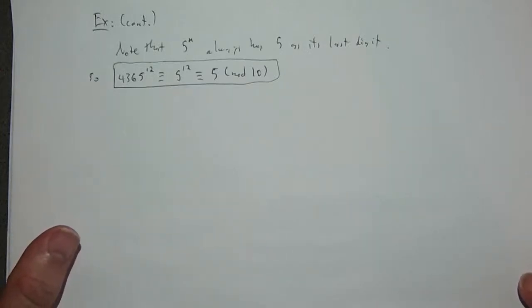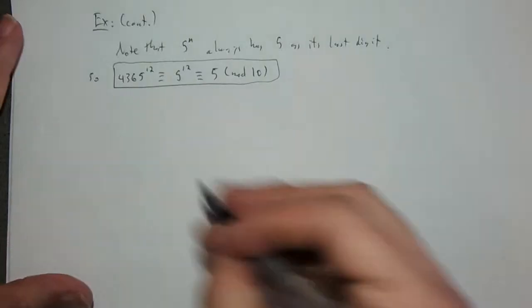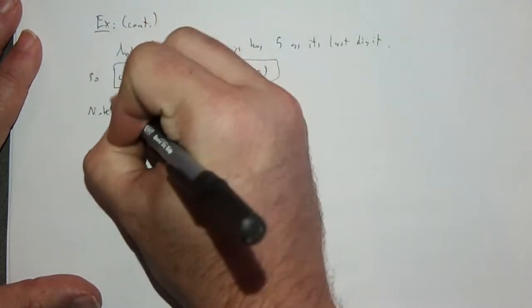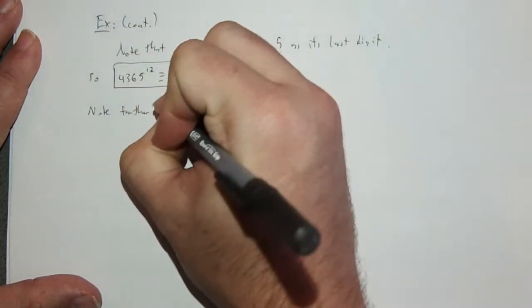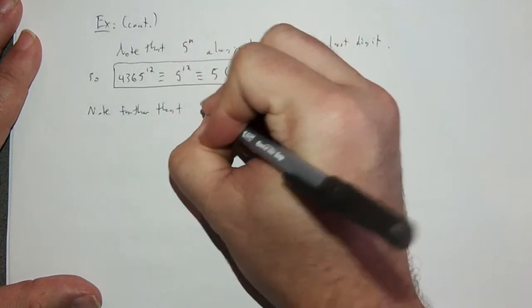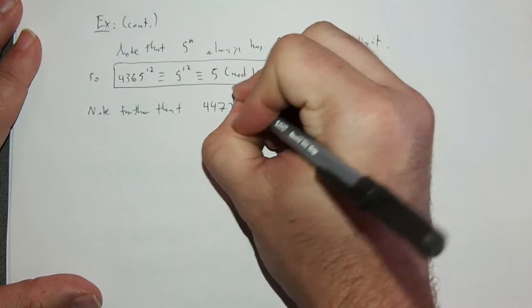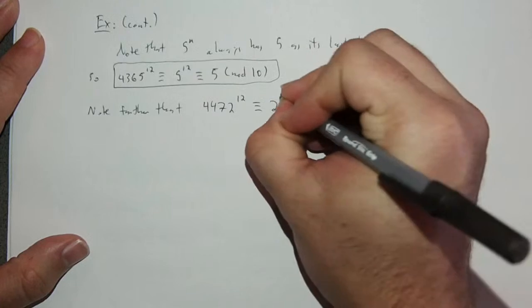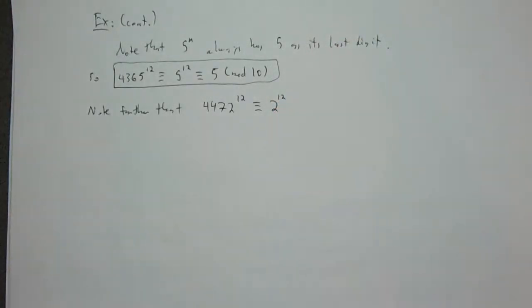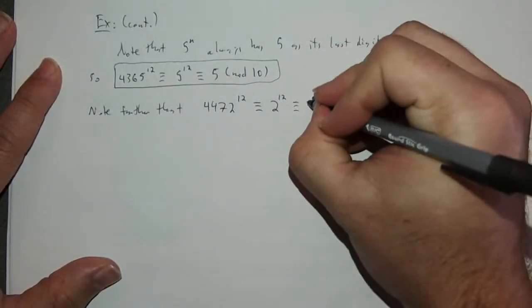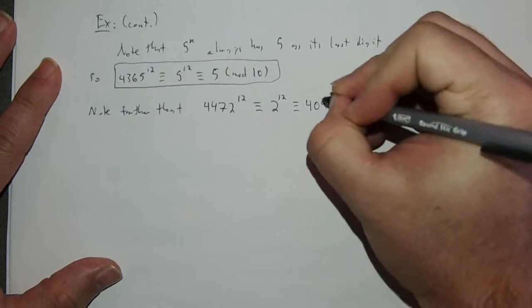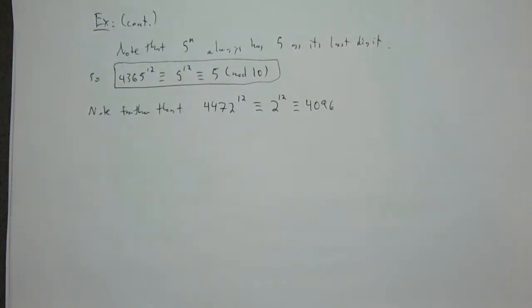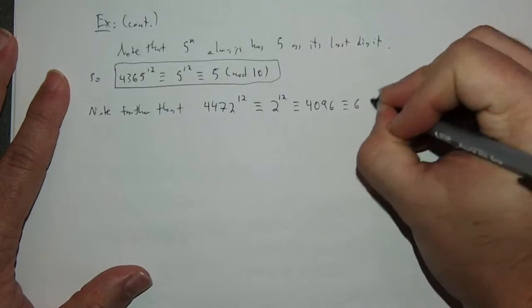And then lastly, note further that 4,472 to the 12th is congruent to 2 to the 12th. I can actually compute that. 2 to the 12th might not be one that you have off the top of your head, but it is 4,096, which of course is congruent to 6 mod 10.